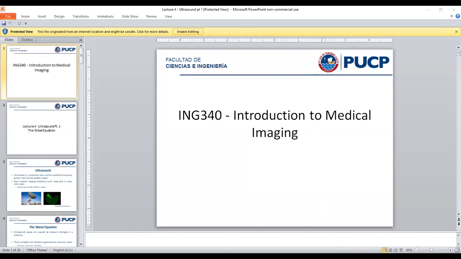So let's start talking about ultrasound imaging. Today we're going to start with ultrasonic imaging, which is the first modality that we are going to study before we get into things like X-ray imaging and magnetic resonance imaging.